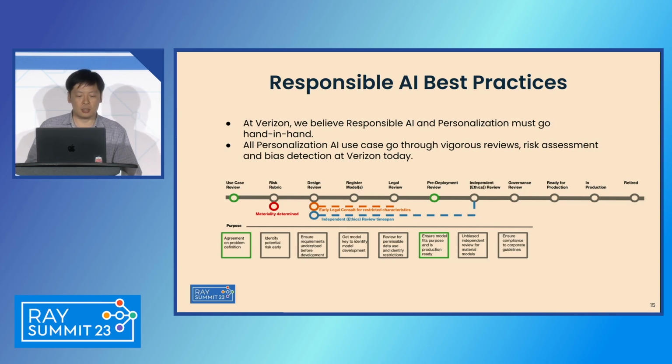Here you see the overall workflow that every single model at Verizon goes through today. It starts with the review of the use case, and then we follow that with a risk assessment. Through the risk assessment, we will know exactly the harms and benefits of your AI solution and what you need to watch out for.